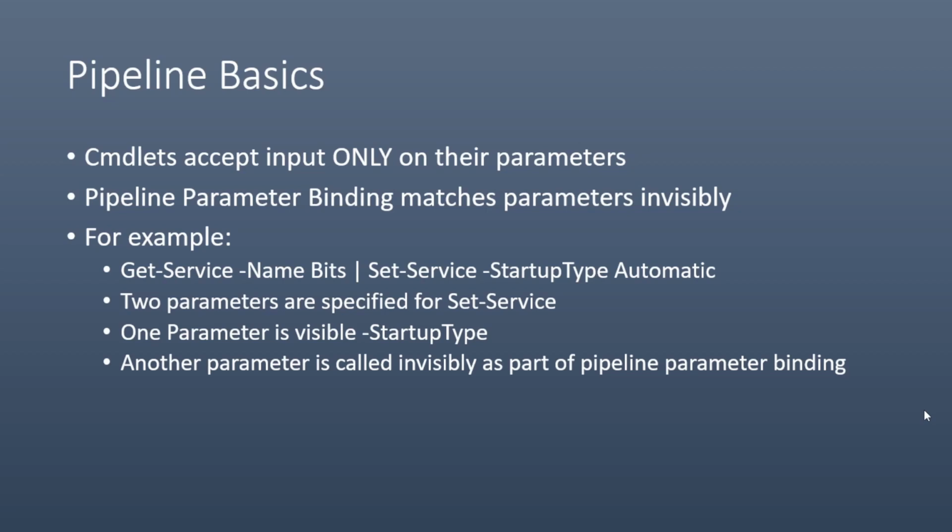So one parameter is visible, you see startup type, and the other parameter is being called invisibly as part of pipeline parameter binding. So what's actually happening is that data is being sent to the input object parameter on set service. You don't see that on this line here, but that's what's happening in the background.